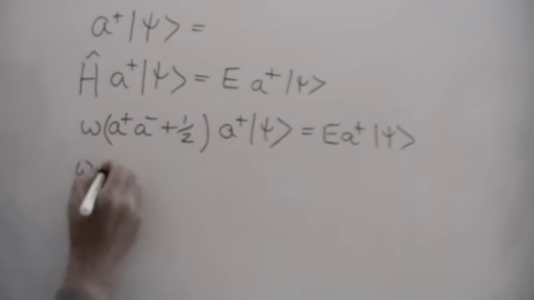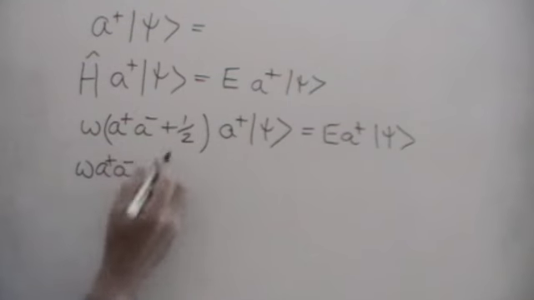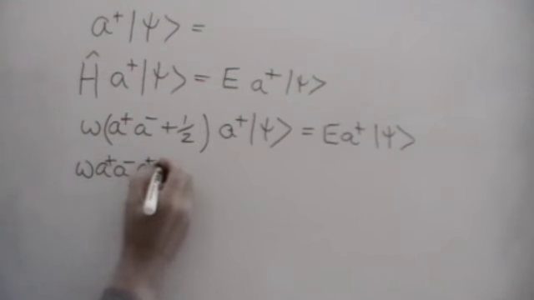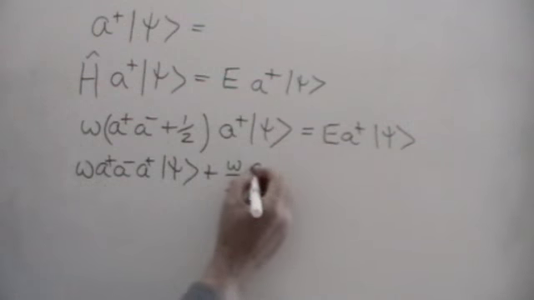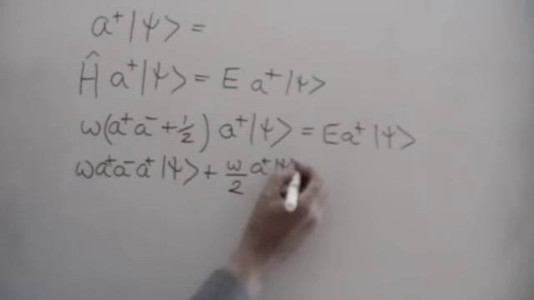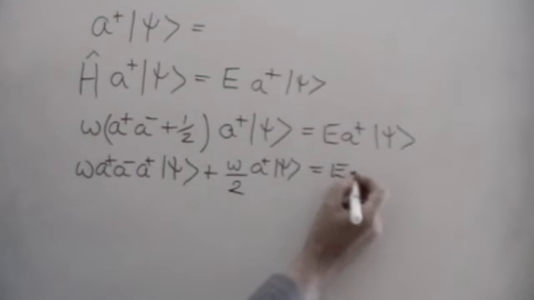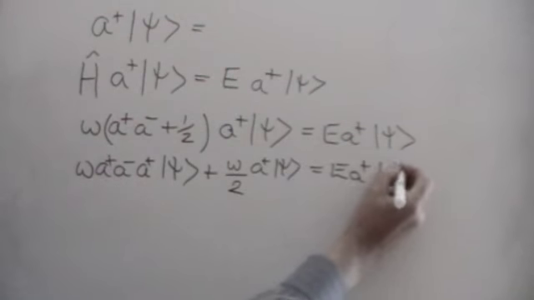So let's work this through and see what we get. We get omega A plus A minus acting on A plus of psi, plus omega times a half, which is omega over 2, acting on A plus of psi, equals E A plus of psi.